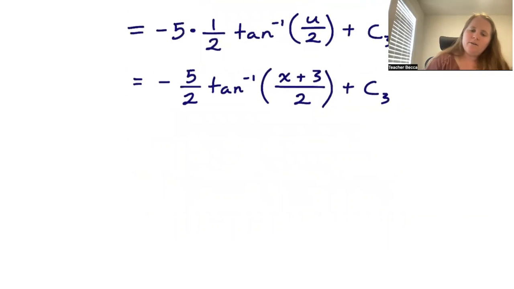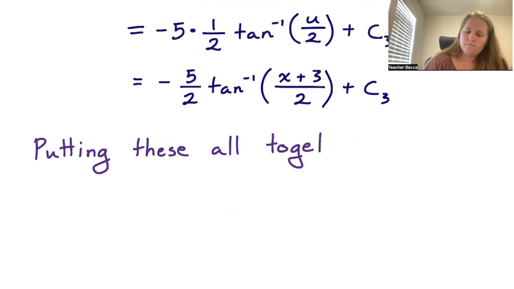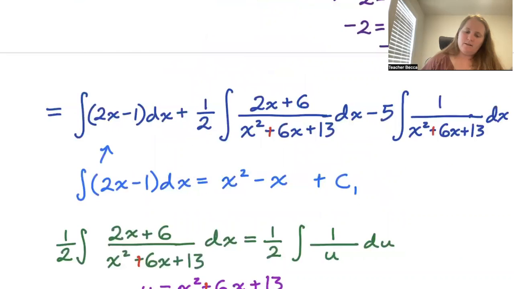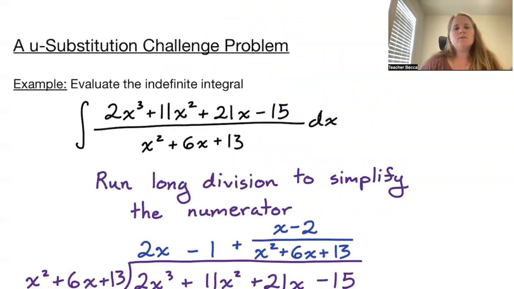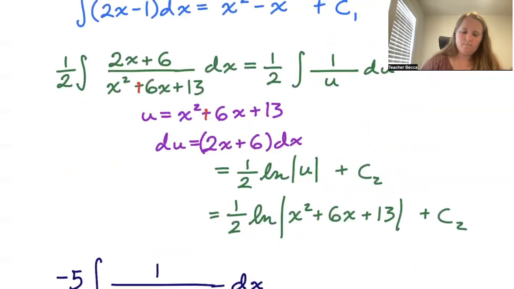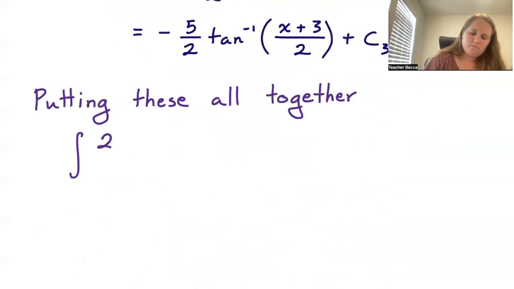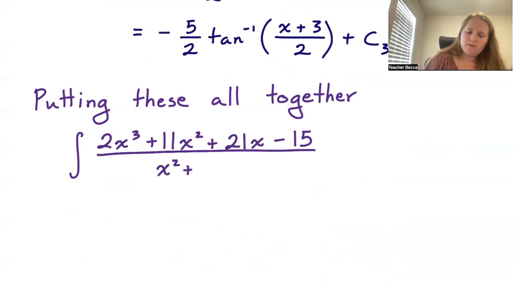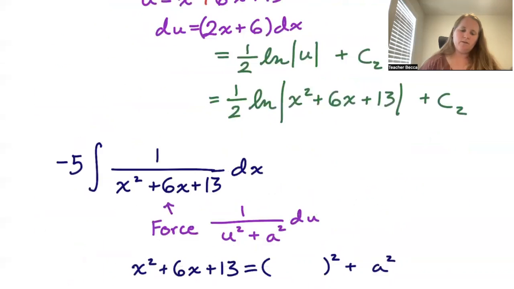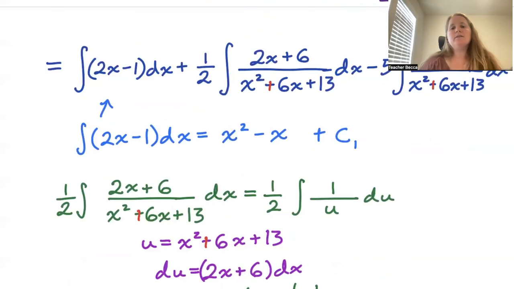So putting these all back together, we have that our original integral, which was a long ways back, the integral of 2x cubed plus 11x squared plus 21x minus 15 all over x squared plus 6x plus 13 dx is equal to our very first component of that integral, x squared minus x plus c1.